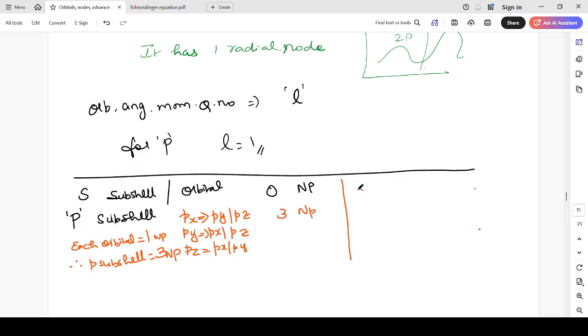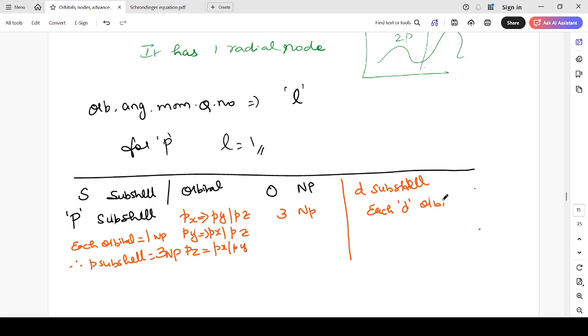What about the d subshell? Six, ma'am. Think and say. Each d orbital has how many nodal planes?